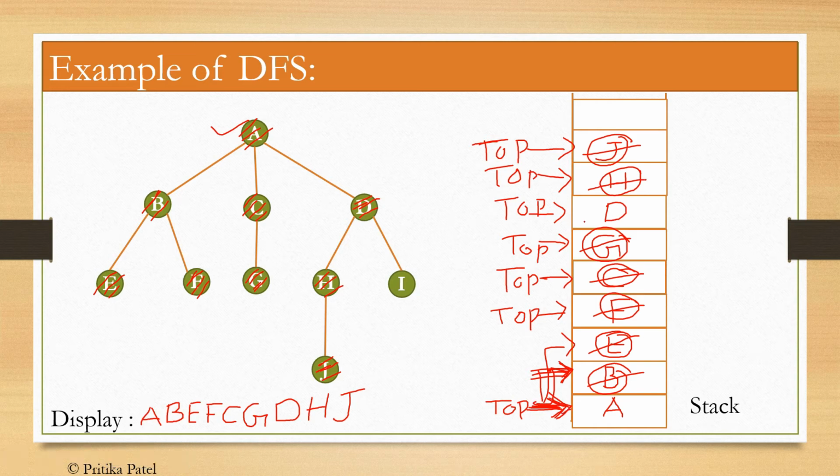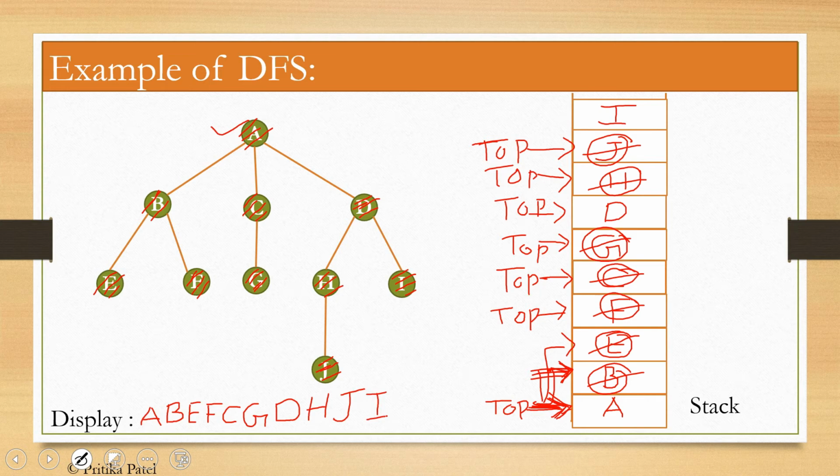So now D becomes the top of the stack. Now check whether D has any adjacent unvisited vertex. Yes, there is I, which is unvisited, right? So we visit this vertex I and mark it as visited. Then push it into the stack. So we put I into the stack and display I, right?